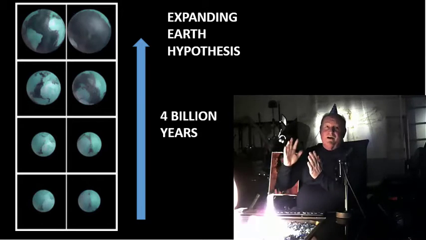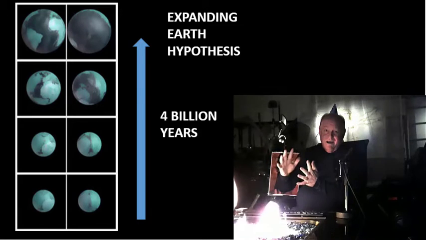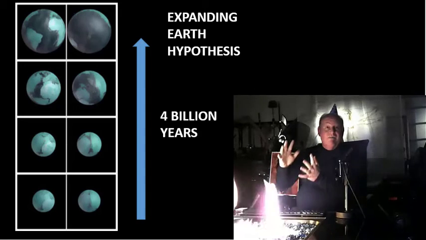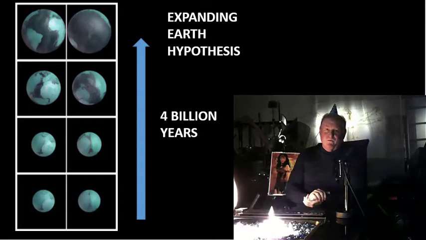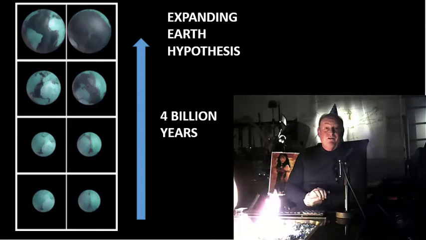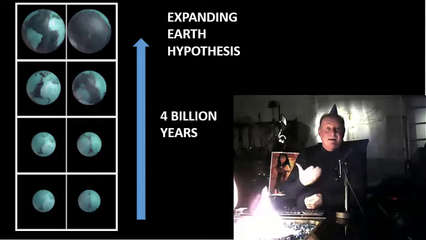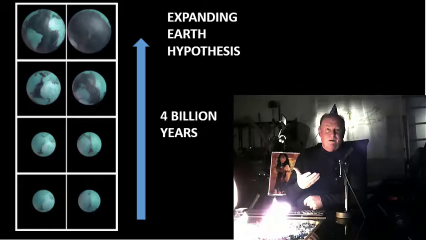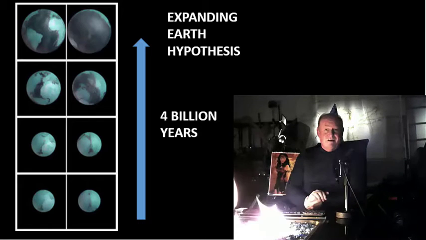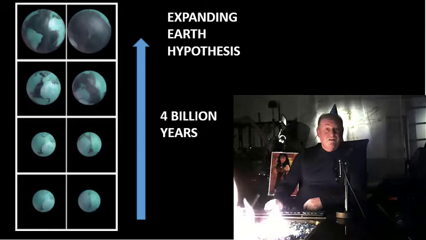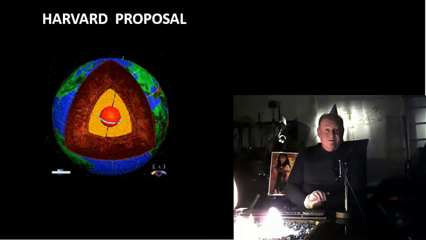And there's a tremendous amount of mass in that crust. And that amount of mass must have its own gravitational attraction, which means there must be some kind of formation, some kind of activity on the inside of the crust, gravitationally speaking, as there is on the outside of the crust. And that is the Harvard model. This is the Harvard University proposal, that this might be what planet Earth really looks like.